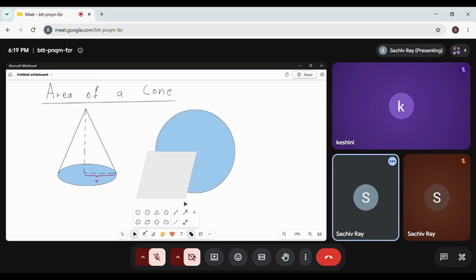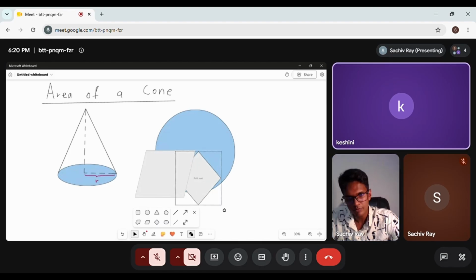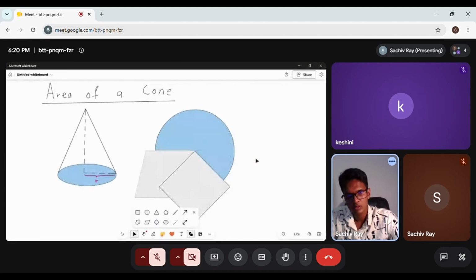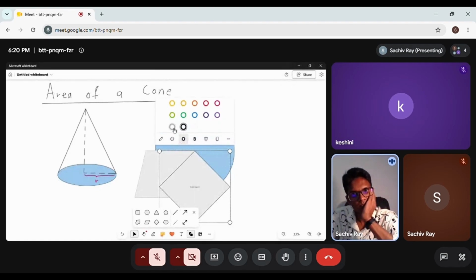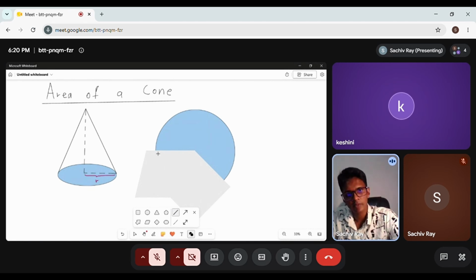And then let's add this shape over here to get the shape we need. So you can see a shape like that.